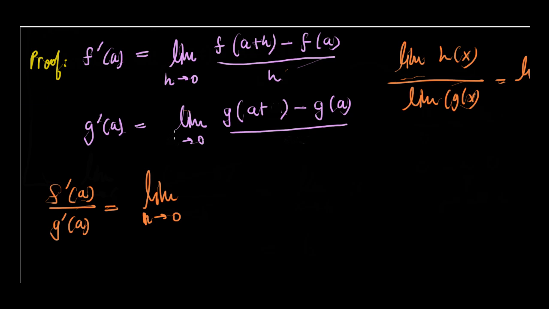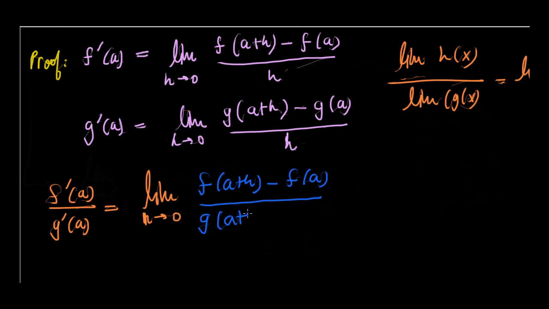Okay, so this is as h approaches 0 of a plus h divided by h. So when you divide these two, you'll get the limit as h approaches 0, and the h will cancel out, right? And you'll get f of a plus h minus f of a divided by g of a plus h minus g of a.